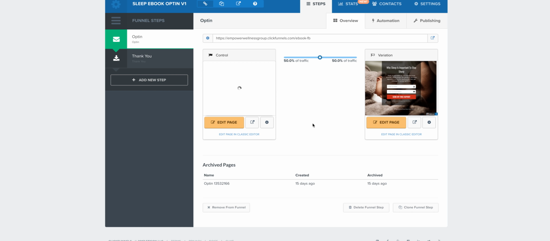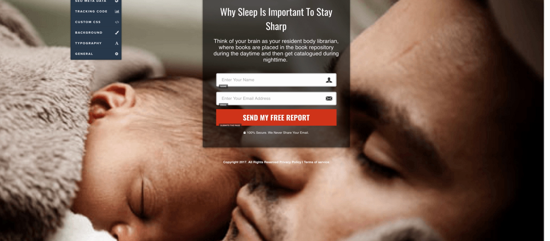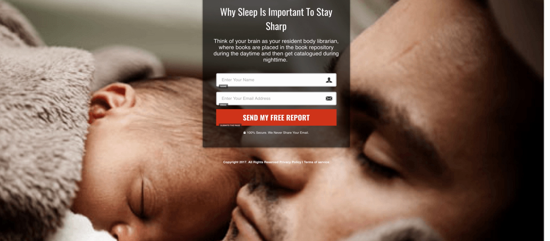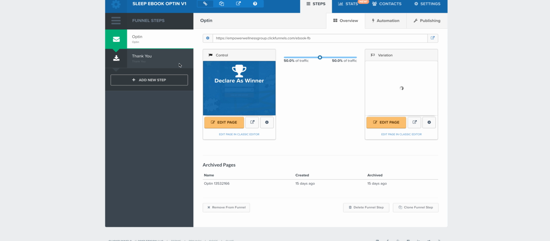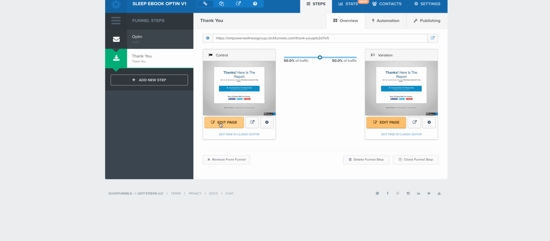It's always good to go in here and check these things, because a lot of times people doing web development don't understand the different aspects of doing these lead funnels. So make sure everything's good to go.